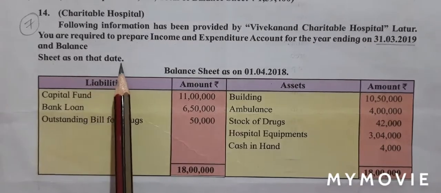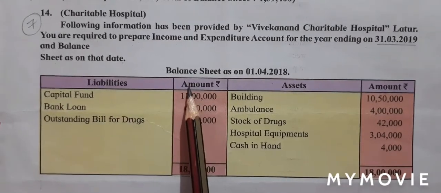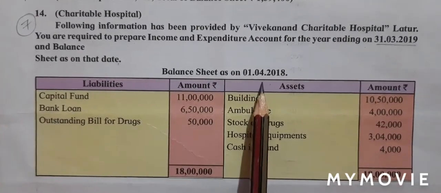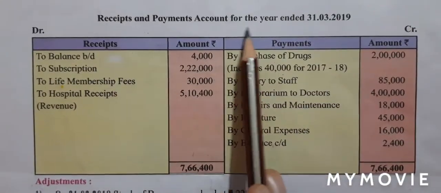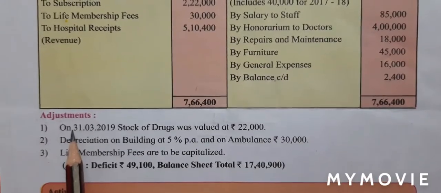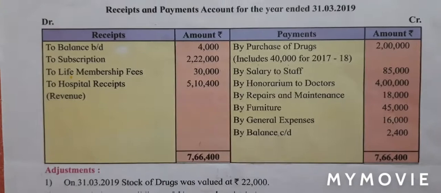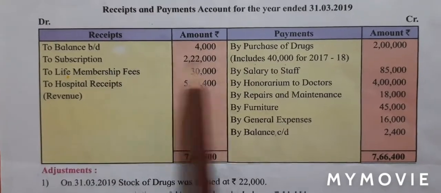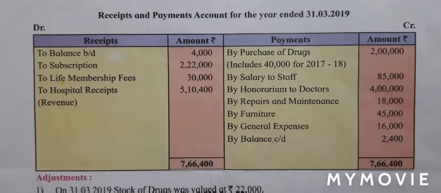as on that date. Now students, if you see again, this is a second type of question wherein an opening balance sheet is given. Then receipts and payment account is given, followed by adjustment. So let's understand the pattern of how we can solve the sum. We will first begin with receipts and payment and do the identification.